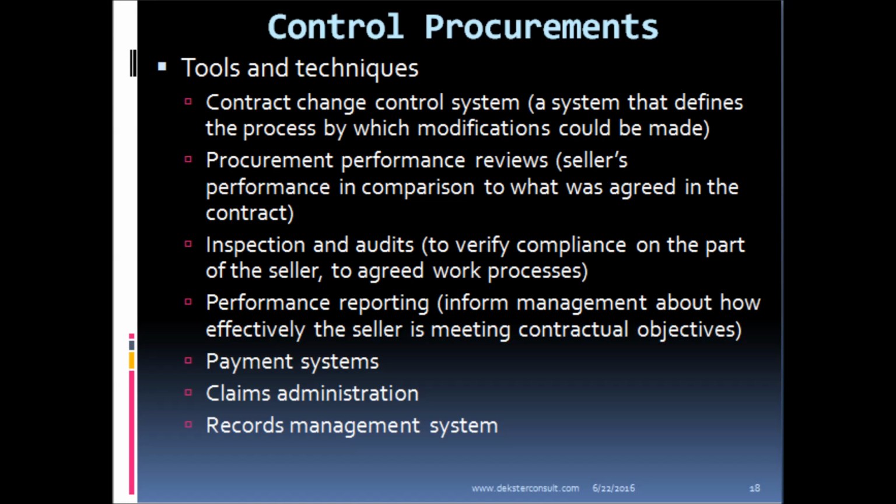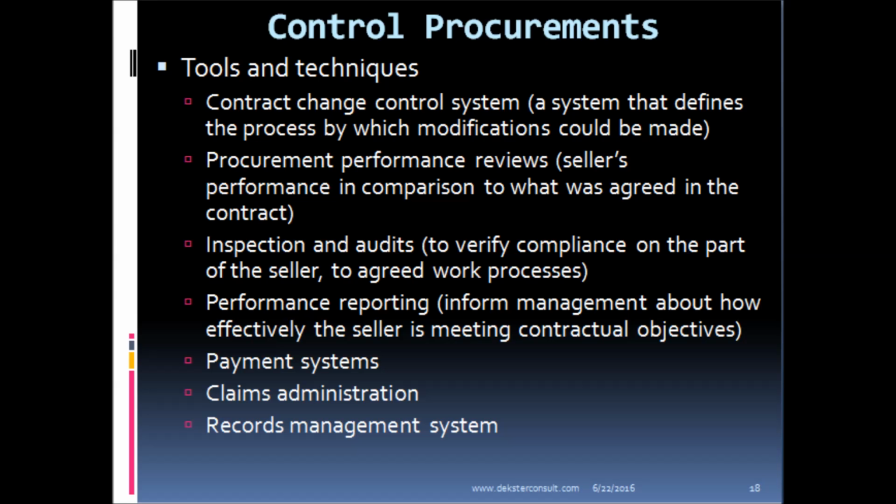And the tools and techniques that we could make use of. We could have a contract change control system, which could be a system that defines the process by which modifications could be made to our contract.